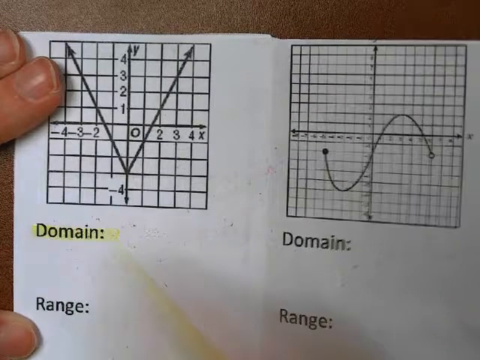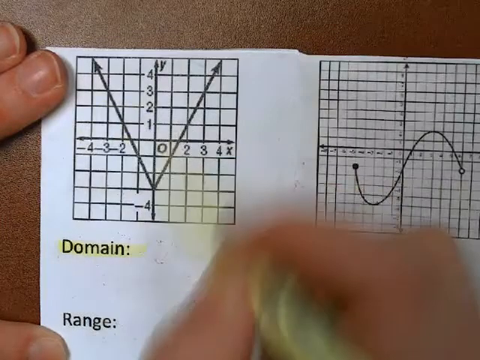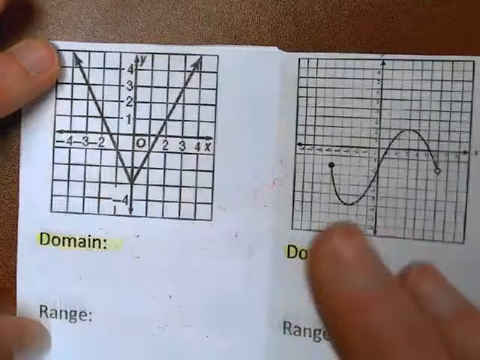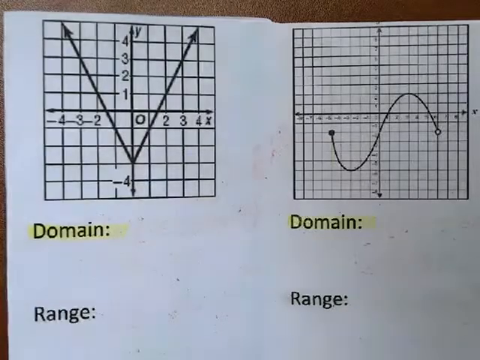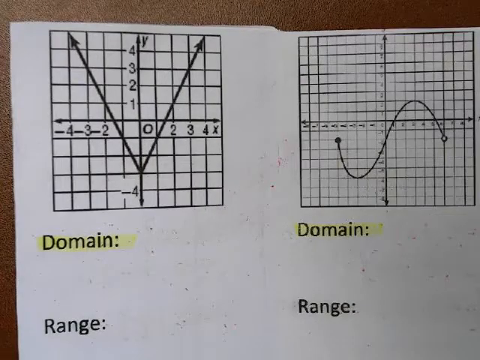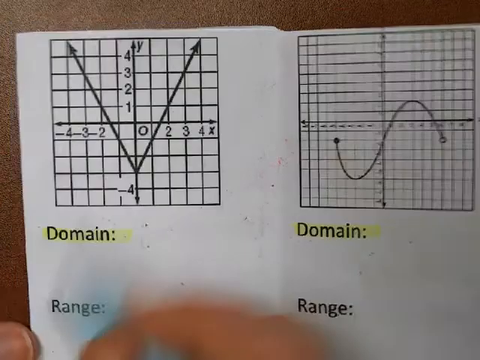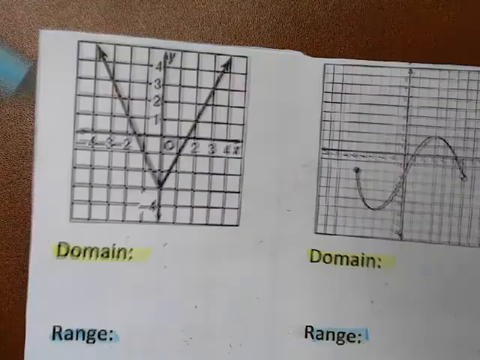This one looks like which function? It kind of does, but because it's a V, it's the absolute value. Yeah, the x squared would be a little bit more curvy in the bottom. Okay. All right, my domain and range.